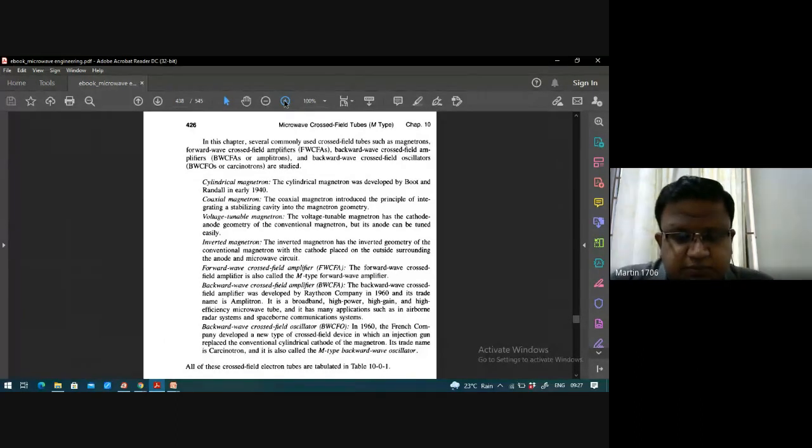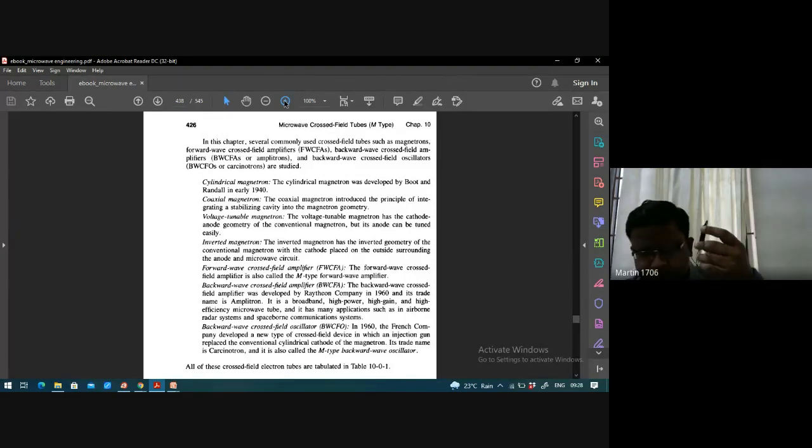There are many types of crossed field devices: the cylindrical magnetron, biaxial magnetron, voltage tunable magnetron, inverted magnetron, forward wave crossed field amplifier, backward wave crossed field amplifier, and backward wave crossed field oscillator. So this many types are available in the crossed field tube. So what is the crossed field tube? I will show one thing.